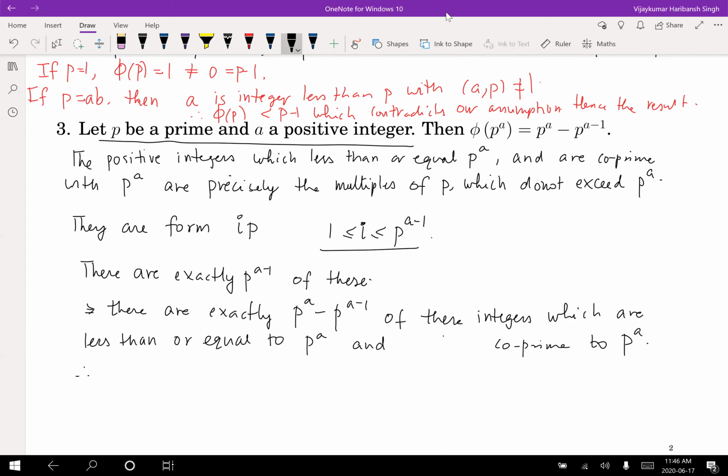You can use either one of them. So therefore we get phi of p to the power a is p to the power a minus p to the power a minus 1.